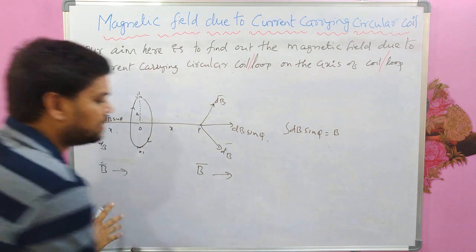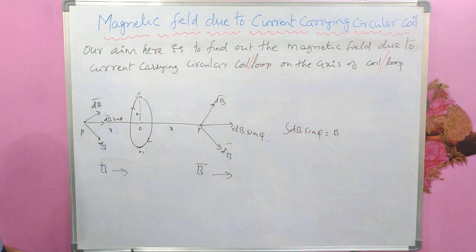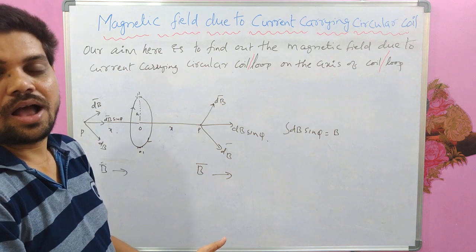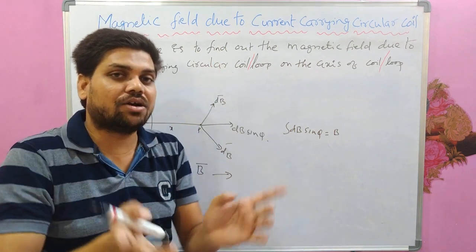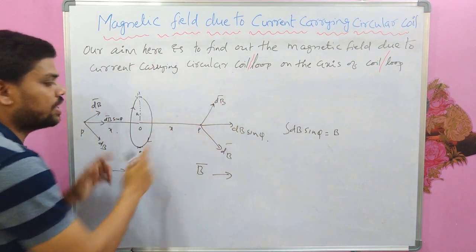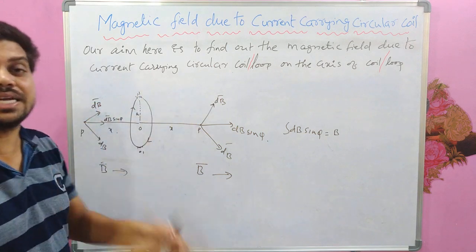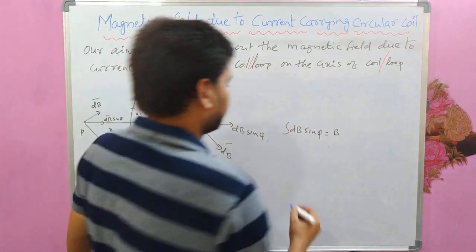Both are pointed in the same direction on both sides. That means on either side of the current carrying coil, the magnetic field direction is same. That is very, very important.